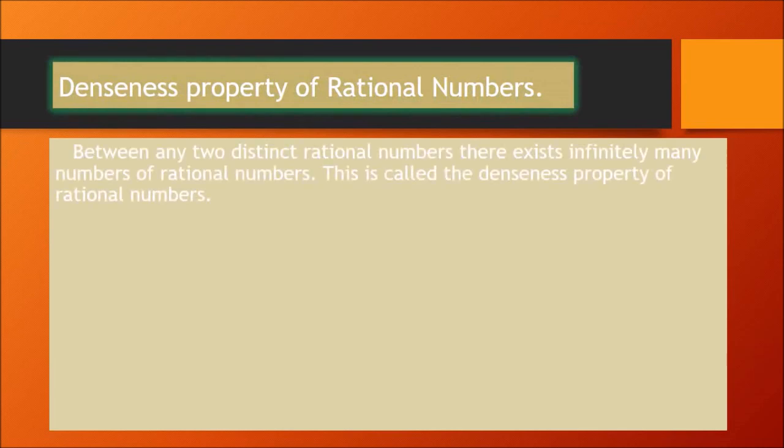Between any two distinct rational numbers, there exist infinitely many rational numbers. This is called the denseness property of rational numbers.